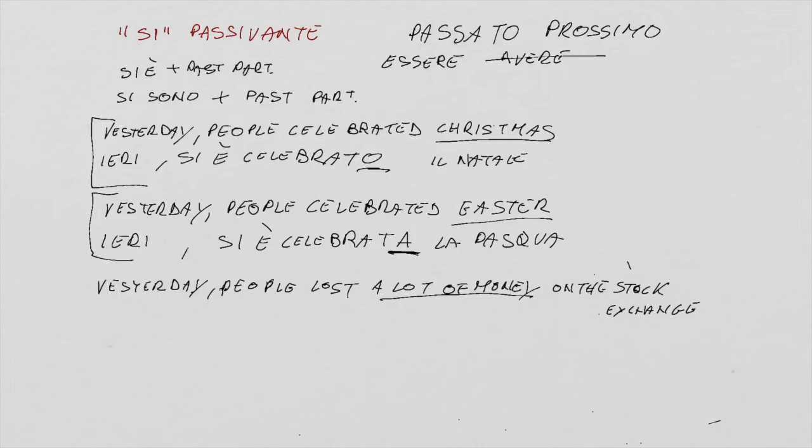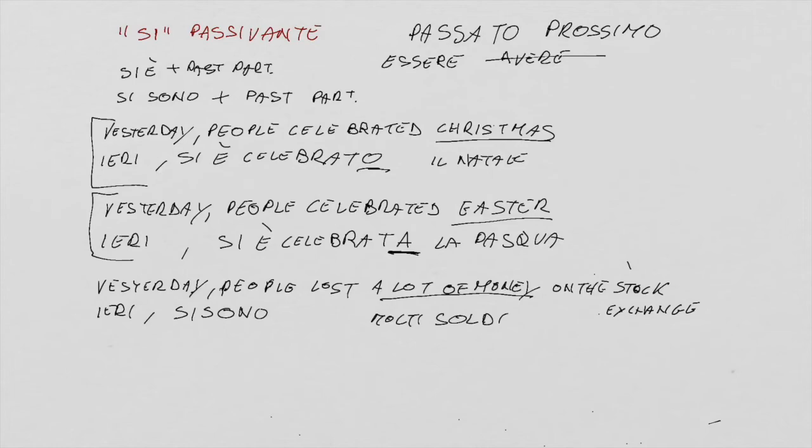So, ieri, and now we have si, and now since a lot of money is plural, molti soldi, you have to use sono. So, ieri si sono. Okay, now we take the verb to lose, that in Italian is perdere, and we have to form the past participle.